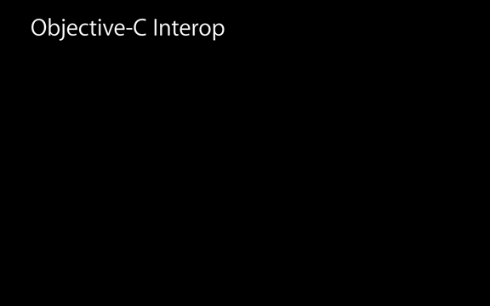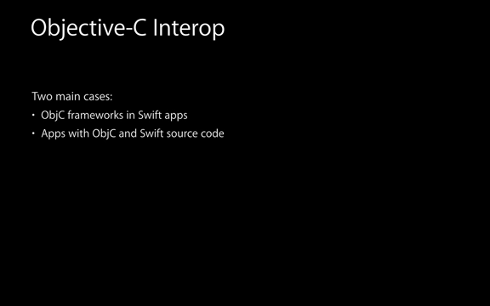Objective-C isn't really going anywhere. Some of you, we said, already have apps, and it's very likely that those are written in Objective-C. But even if you start a brand new Swift app for the first time today after this session, you're going to use Cocoa or Cocoa Touch. You're going to import Foundation, import UIKit. Those frameworks are written in Objective-C.